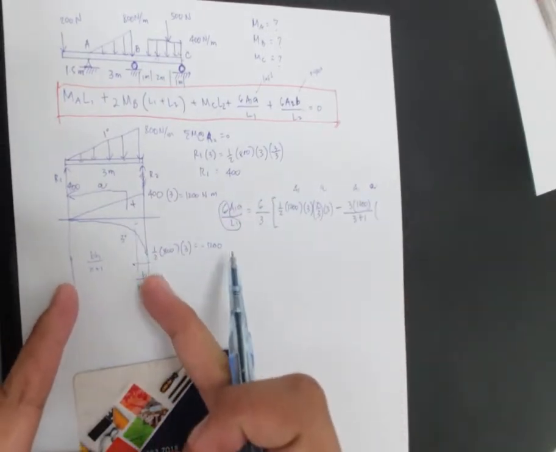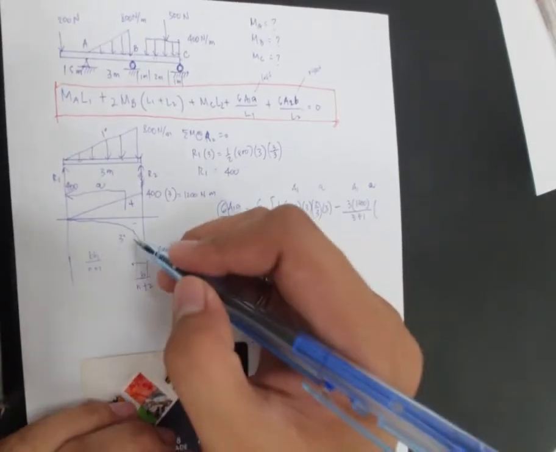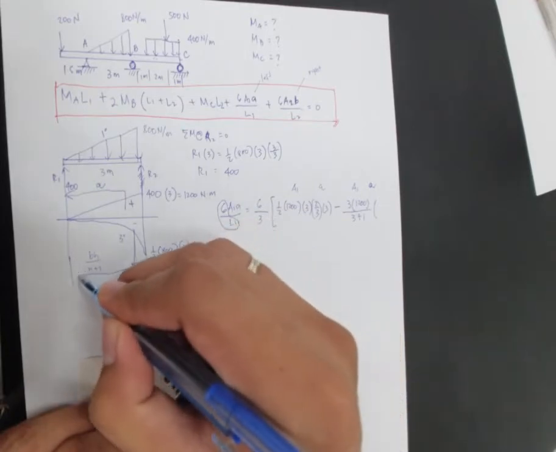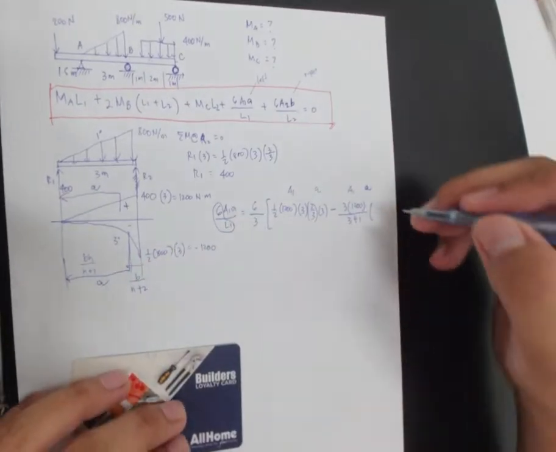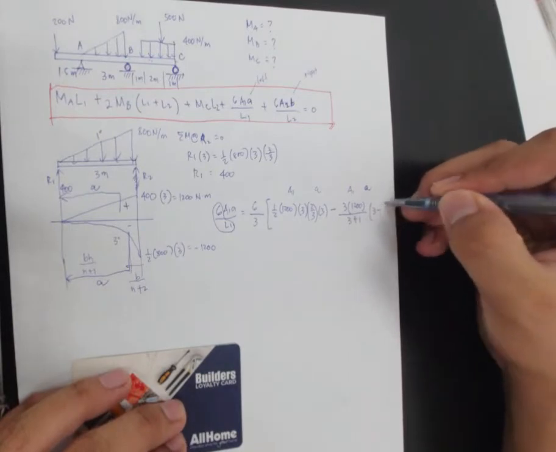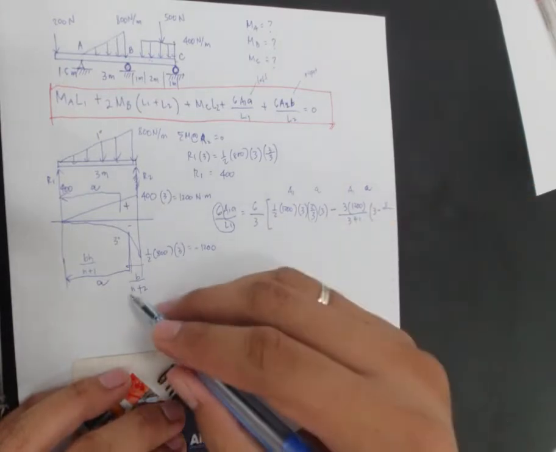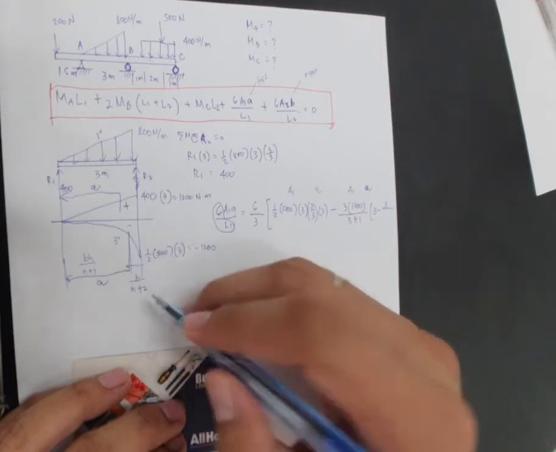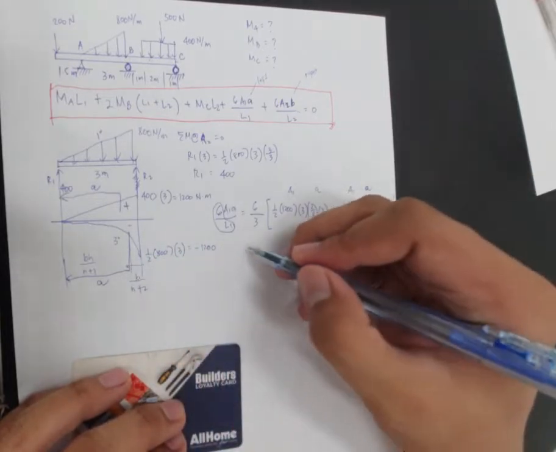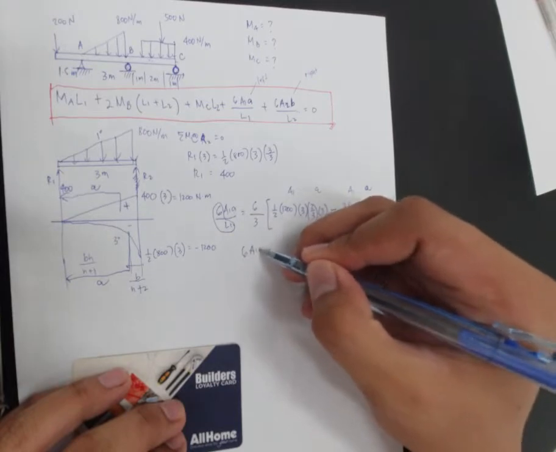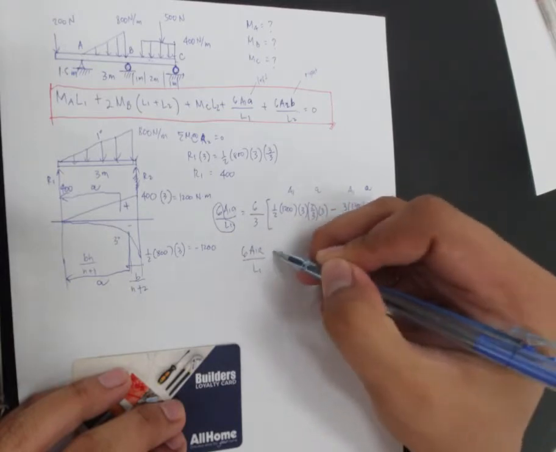So 3 minus base nga 3 over N plus 2, 3 plus 2, that is 5. Okay. So we already have the value of 6A1A L1.